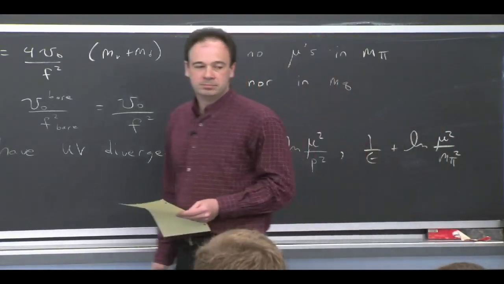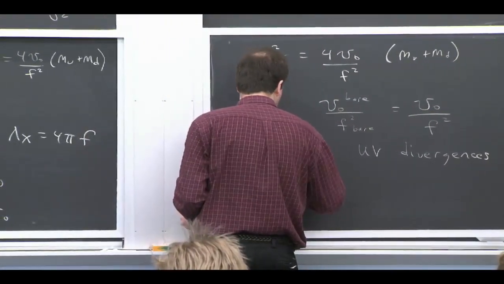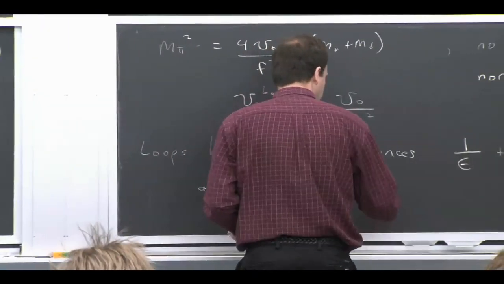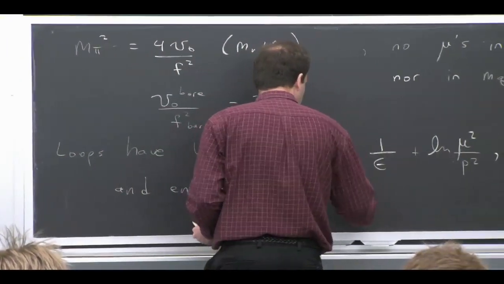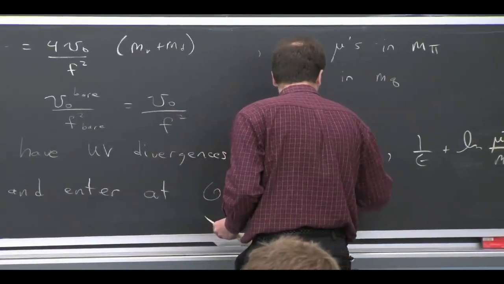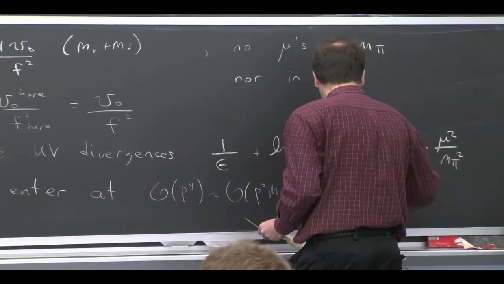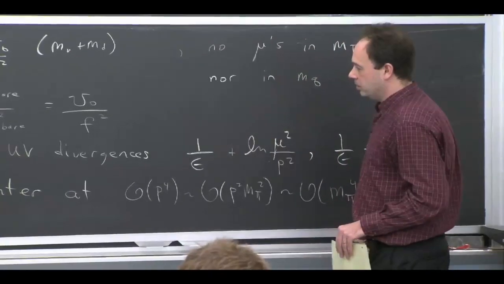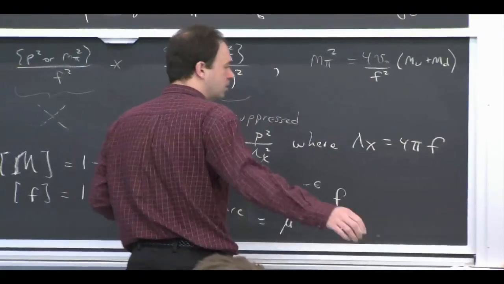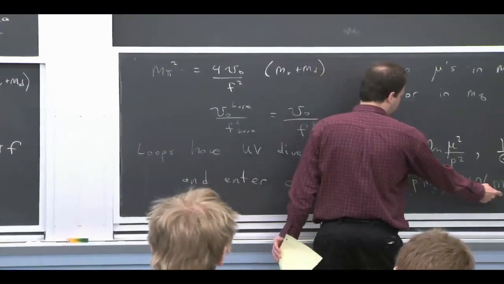Both of those will show up generically. And in the way we're doing counting, the way the loops are showing up, if I combine together the factors that I told you about here, it's either p to the fourth, 4 powers of p, or 2 of p and 2 of m pi, or 4 powers of m pi.